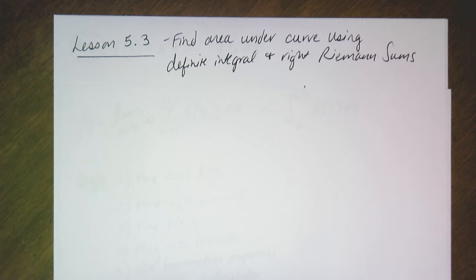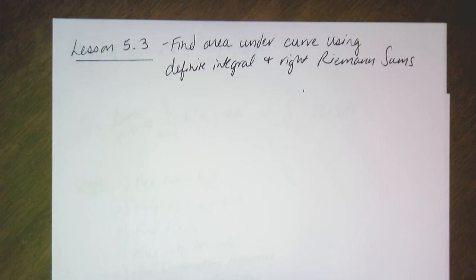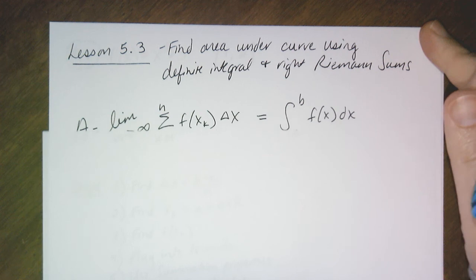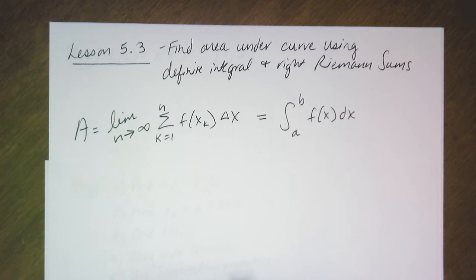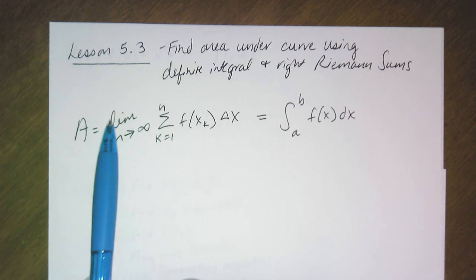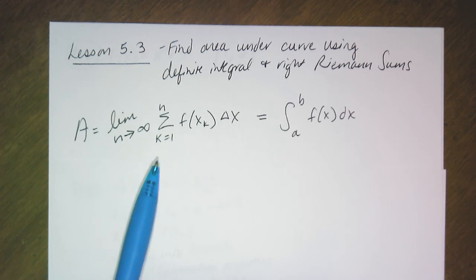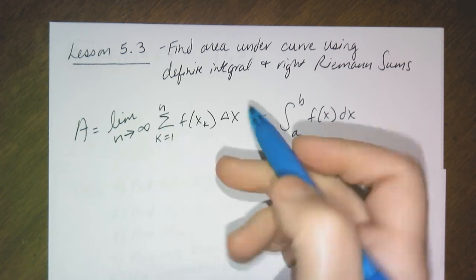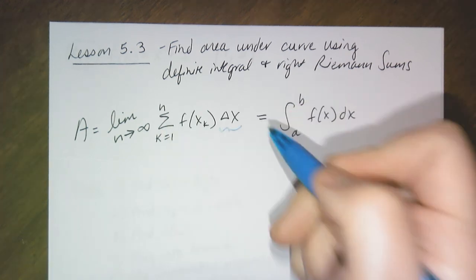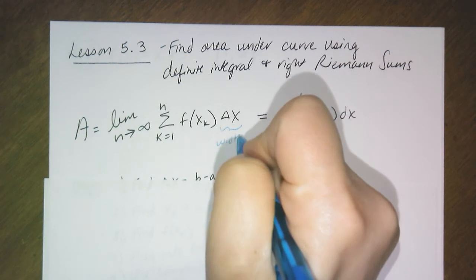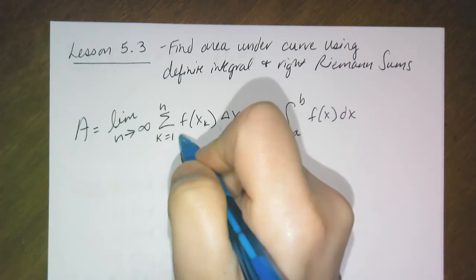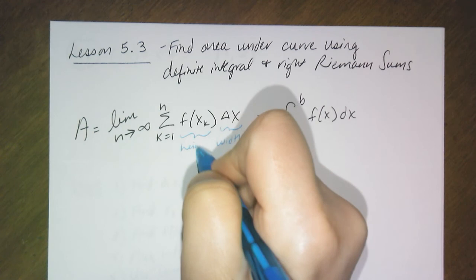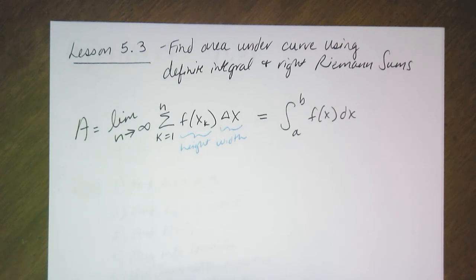So if you go back to that first video of Riemann sums that I made, this was the definition for a Riemann sum: if you create an infinite amount of rectangles and you sum them all together, this would be your width of the rectangle, delta x, and this would be the height of the rectangle, width times height being area for a rectangle.